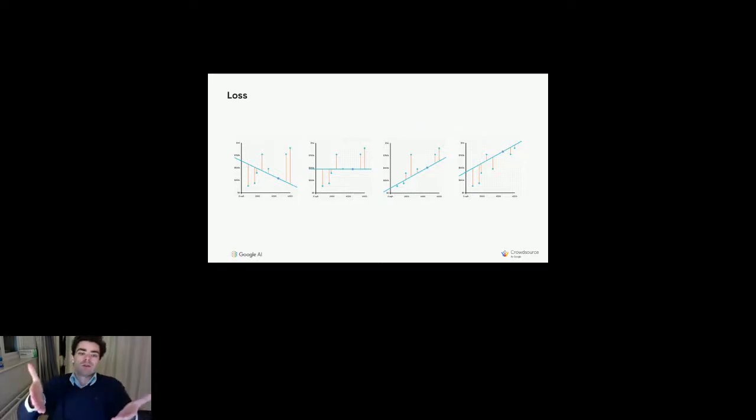So looking at this, I think it's number 3, but yeah. And now you actually have it quantified as loss.